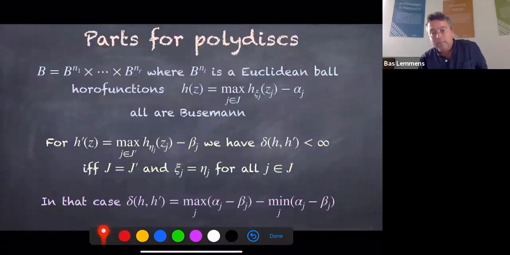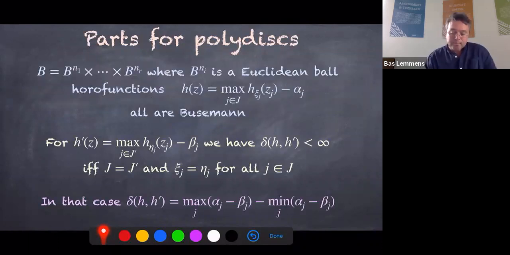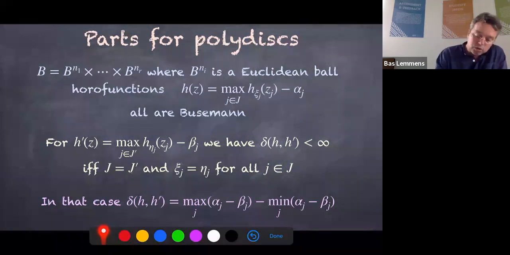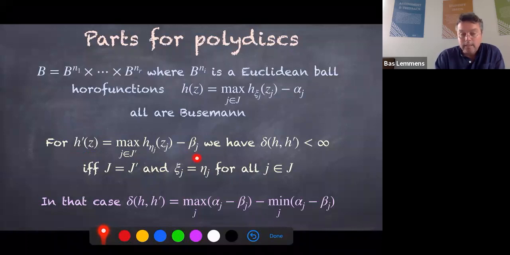So let's think a bit about our domains, and let's go back to the Euclidean ball, where we had these Horofunctions given like that, and it's quite easy to prove that they're all Busemann. In fact, in this case, they all come from even Ud6, not even almost Ud6. Okay, so all of them are Busemann. And now suppose we have another Horofunction h prime. So now the data is an index j prime, eta j on the boundary, and the beta j's.